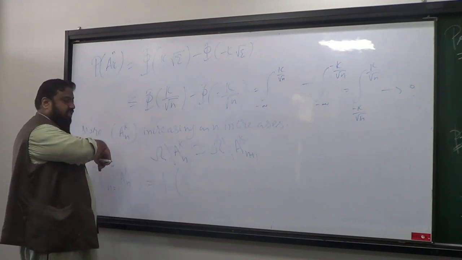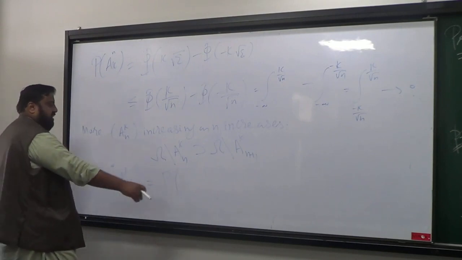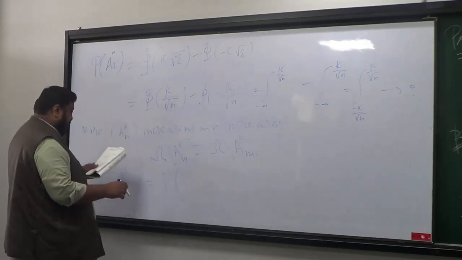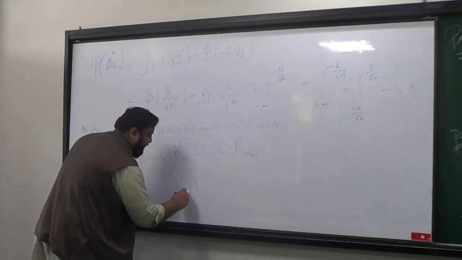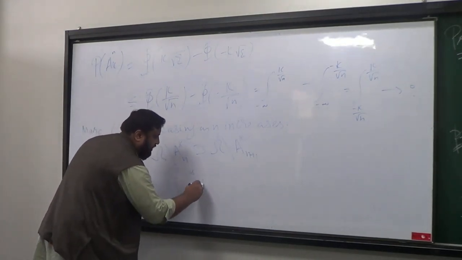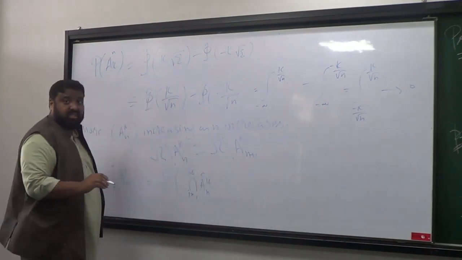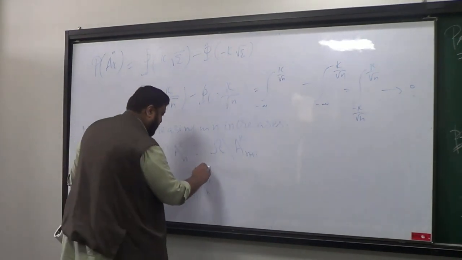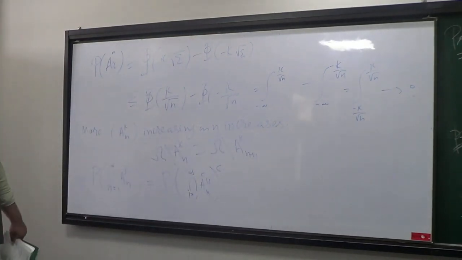So this is the intersection over n equal to 1 to infinity of A_n,K complements, and their complement.